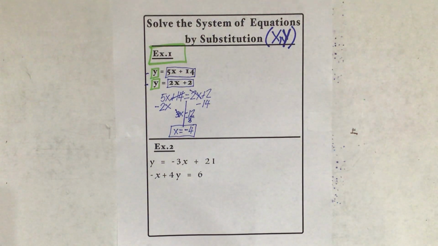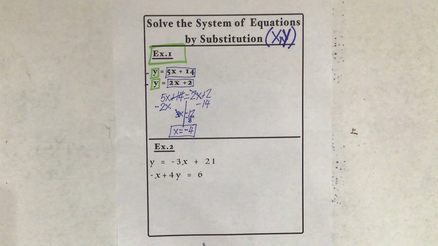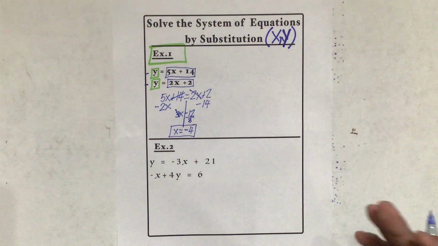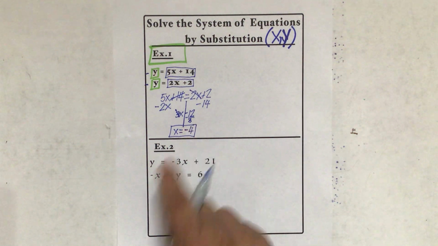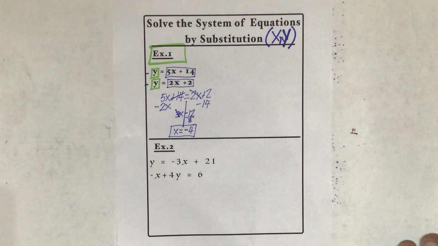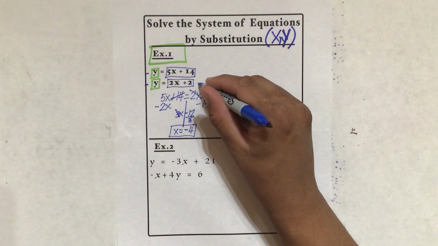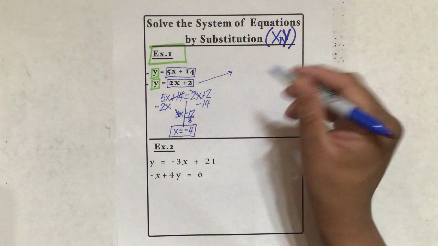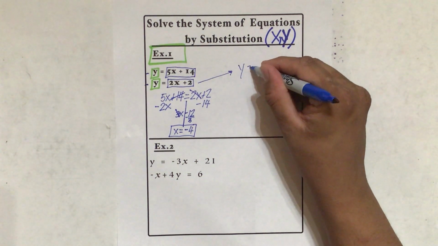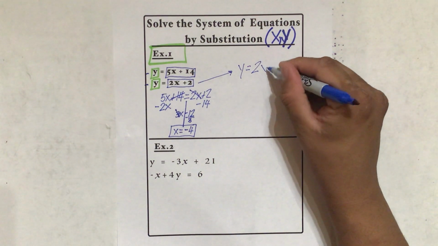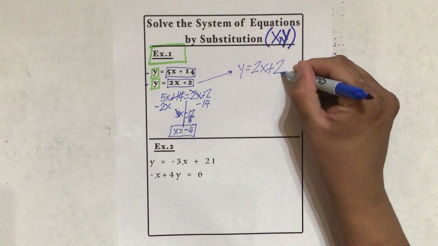To me, again, it doesn't matter which one you choose. When you plug in negative 4 for x, it's going to give you the same answer. But for me, the bottom equation is the most simple. So I'm going to bring it over, and I'm going to say y is equal to 2x plus 2.